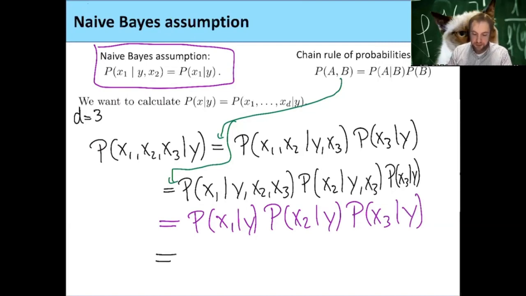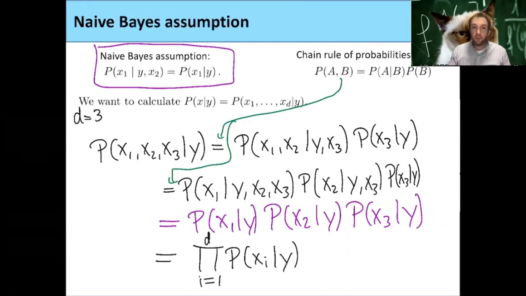And therefore, in this case, it's just a product of these conditional probabilities. And in general, I can write it like this: the product over i from 1 to d of p(xi given y).